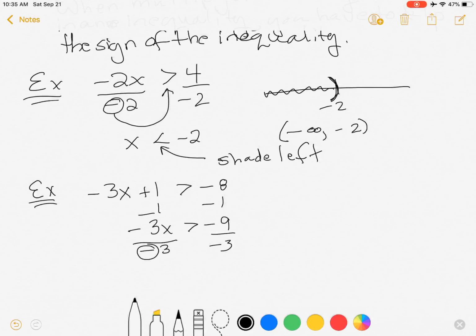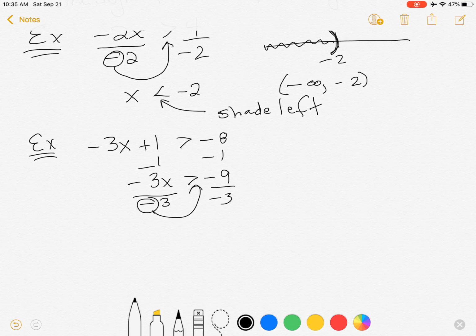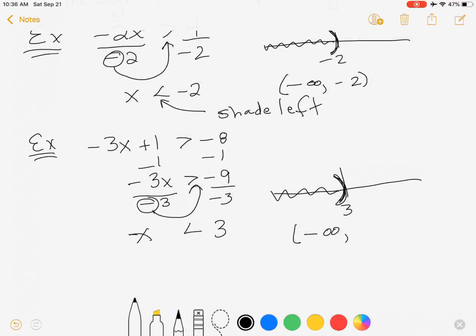But because we divided by a negative, we have to change the inequality sign. So it's going to become less than. So we would have x less than positive 3. So less than, since the variable's on the left, is going to be parentheses to the left. So it would be negative infinity to positive 3.